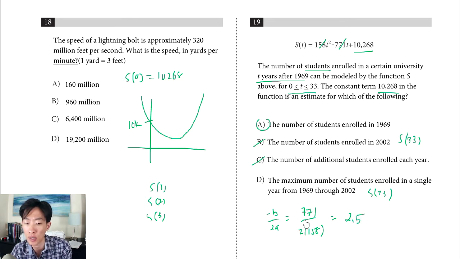So that tells you that the x-coordinate of the vertex is 2.5. If we start at 0, we take only 2 to get to the vertex. By the time we hit 33, we're going to be way up here somewhere. So it seems that once we get past 2.5, the number of students is going to keep increasing. It's certainly not going to be 10,268, and so choice D is out.